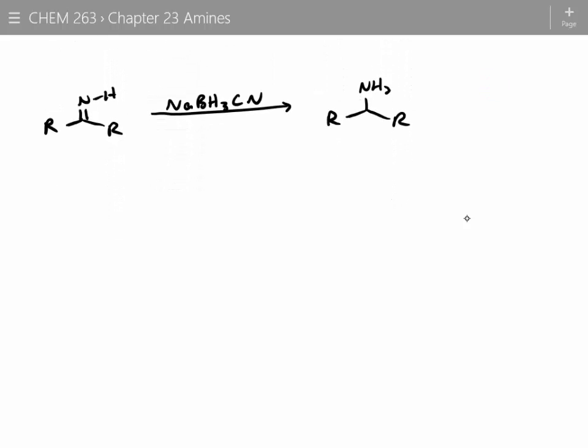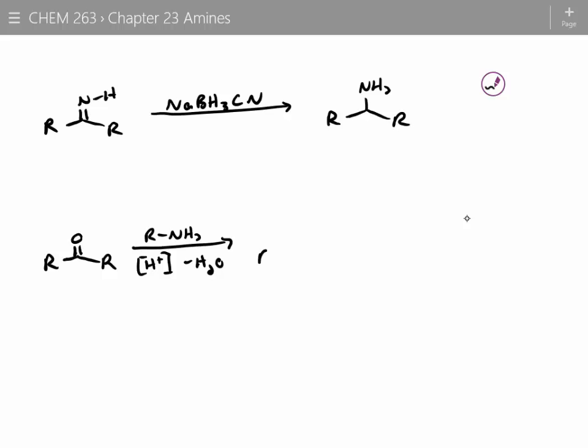And so what people do is they take a ketone, then they first form their aminium ion using an amine and an acid source, minus H2O.